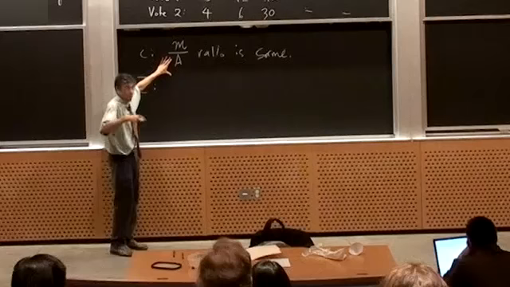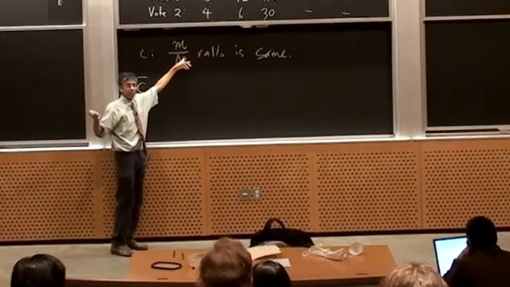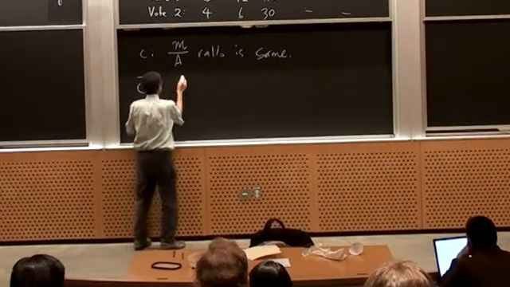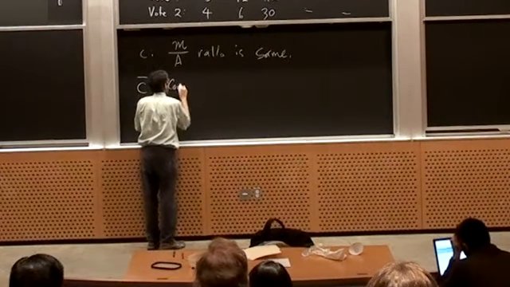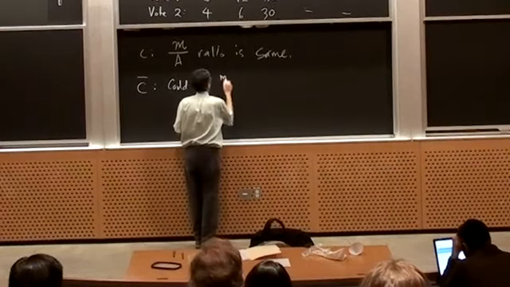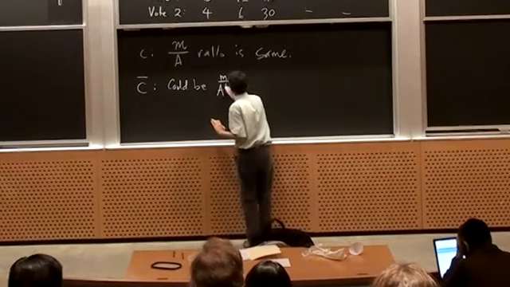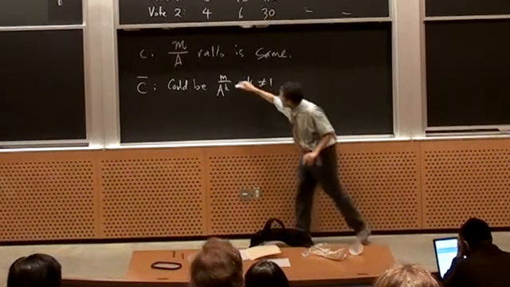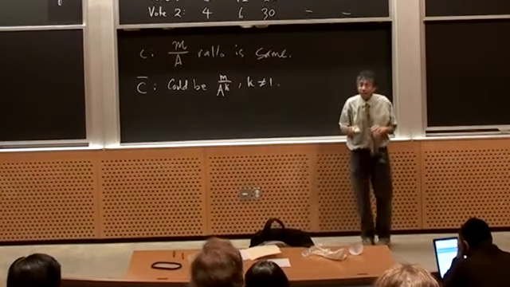It's, say, 1 chance out of 3 that it has A to the first power here. It could have A to the 1/2 or A to the 2. So it could be M over A to the K, for K not equal to 1.